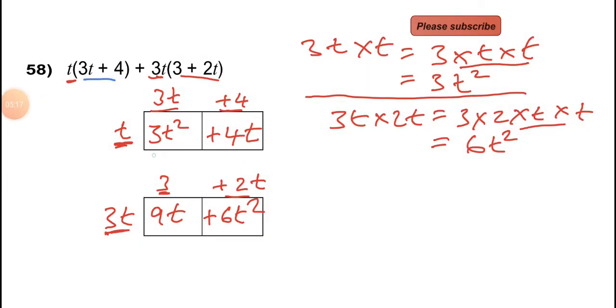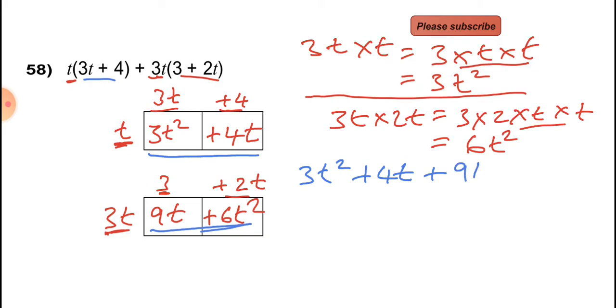So now we have here 3t squared plus 4t, and then from here we have plus 9t plus 6t squared. So I can see here 3t squared plus 6t squared is 9t squared.